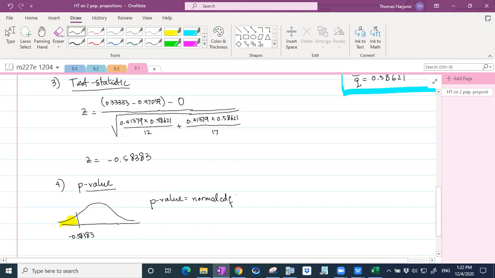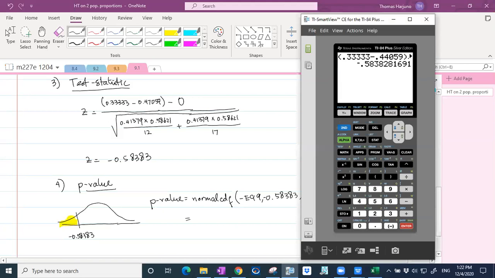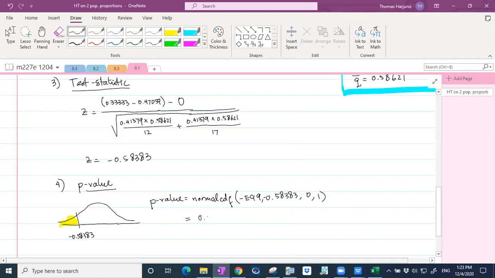Normal CDF, negative E99 as the lower bound, and the upper bound is negative 0.58383. The result is 0.27967.